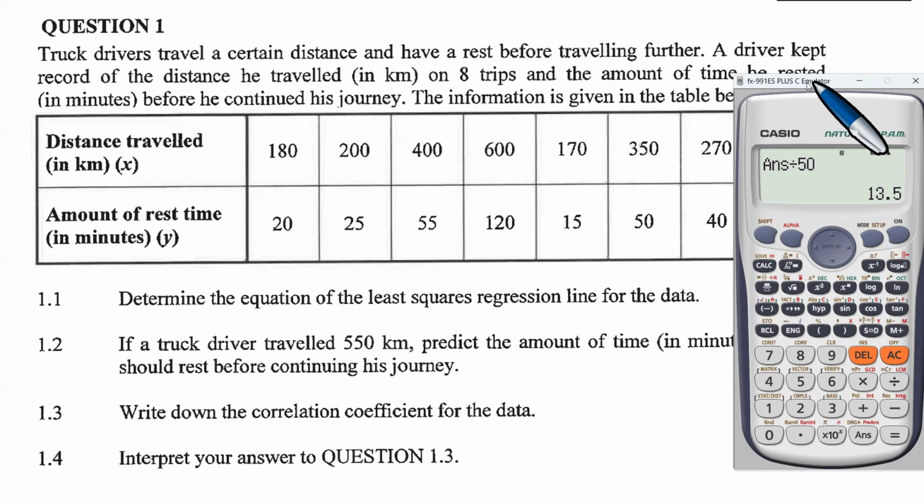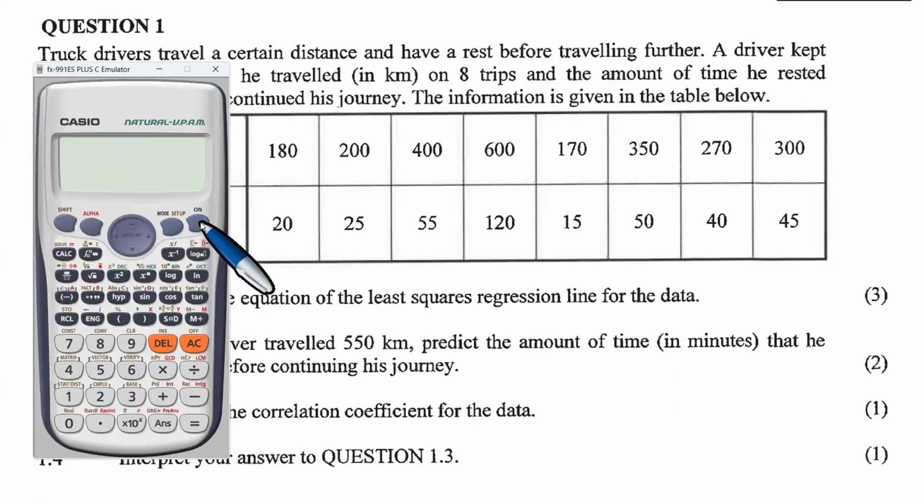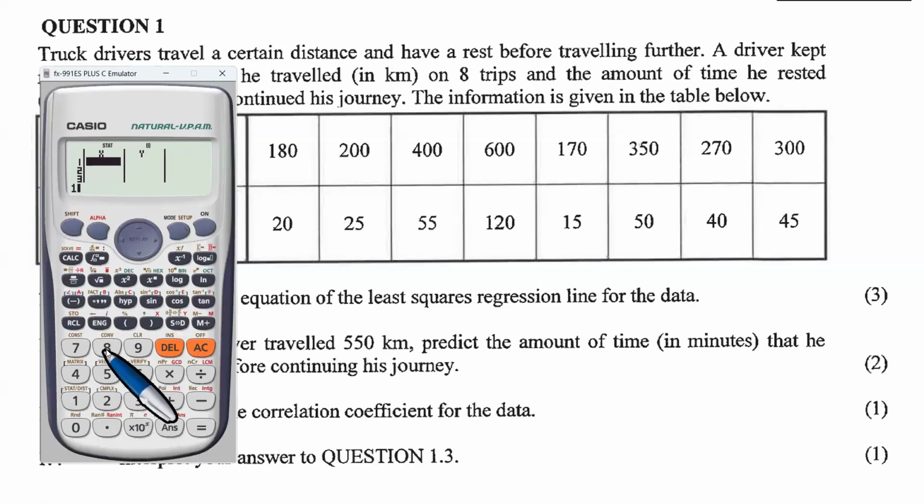Top is X and bottom is Y. So we're gonna put the calculator here. Then we're gonna do 3 stats. And then we need regression. So we're gonna do 2, a plus bx. Then x is this one, which is 180 first.